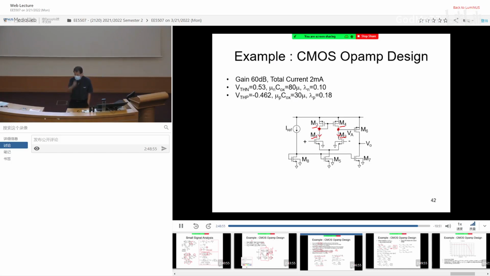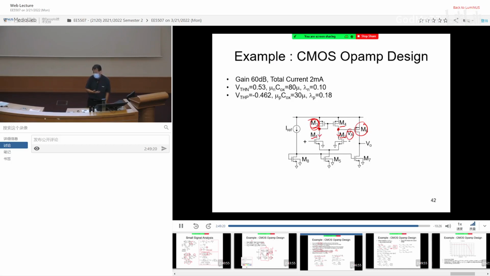Although it looks asymmetric, the same current goes through both branches, exactly identical, M3, M4, so they should behave similarly. Therefore, VA should be the same as the VGS for M3. If that is the case, then M6 can be considered a mirror from M3.